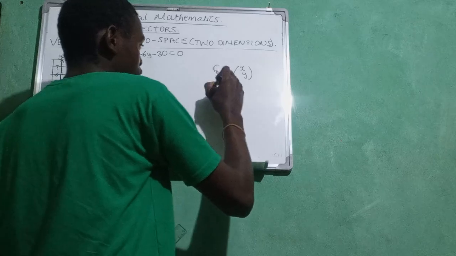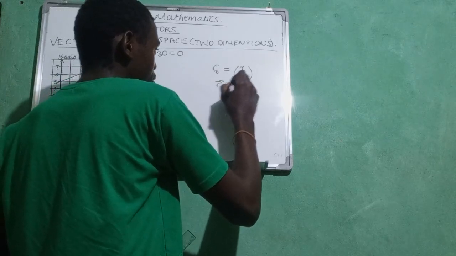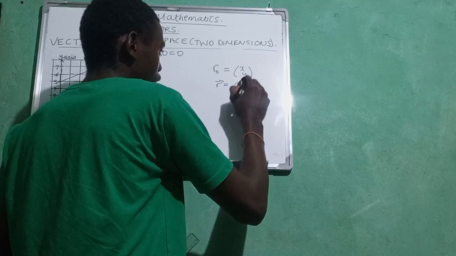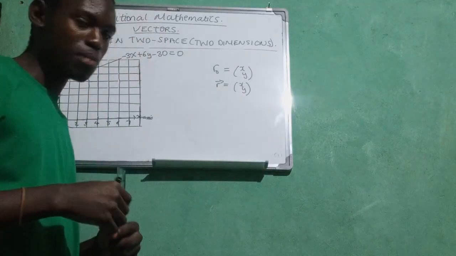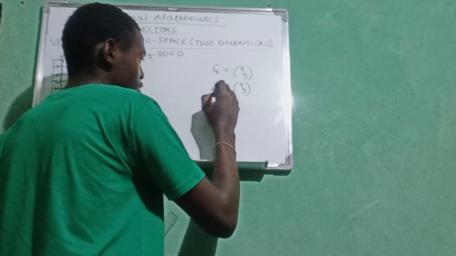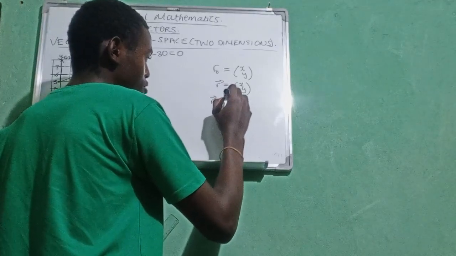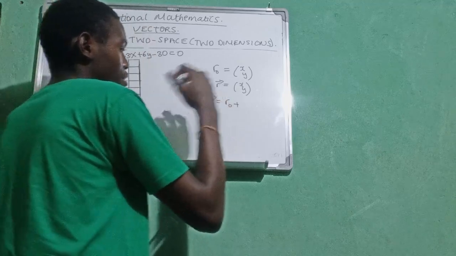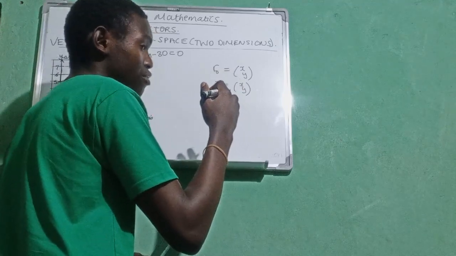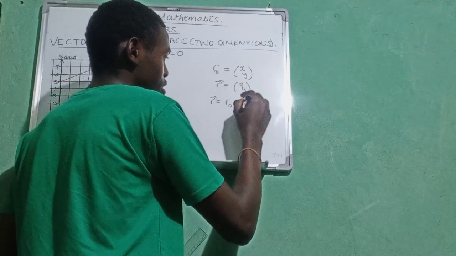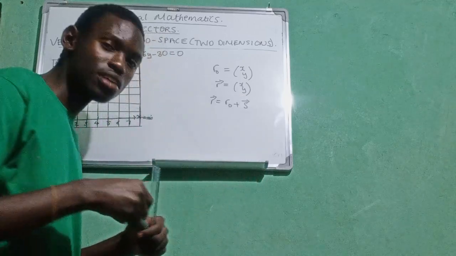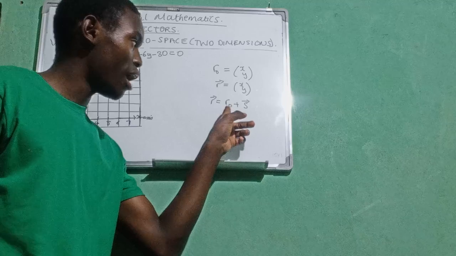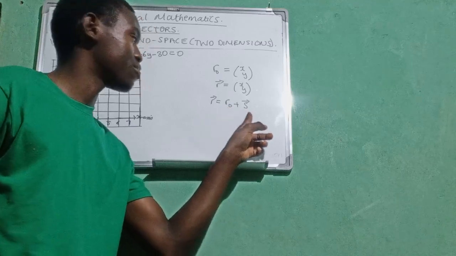And then we have a resultant vector r, which is also equal to (x, y). The resultant vector comes about like this: r is equal to r0 plus a certain direction vector. This resultant vector helps you get the next coordinate, r0 plus a certain direction vector.